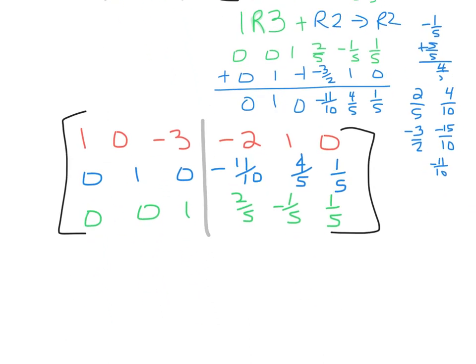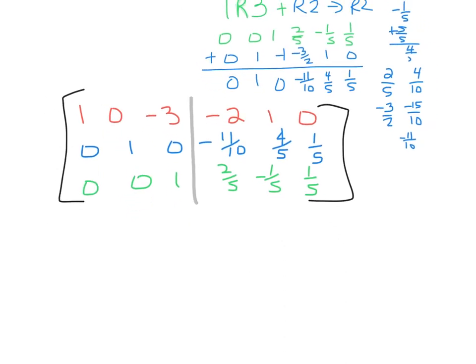All right, one last piece. Got to fix that -3. So again, I'm going to multiply my pivot row, which is row 3, times 3. Add that to row 1, resulting in my new row 1.